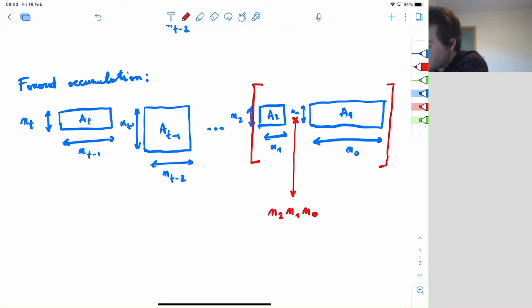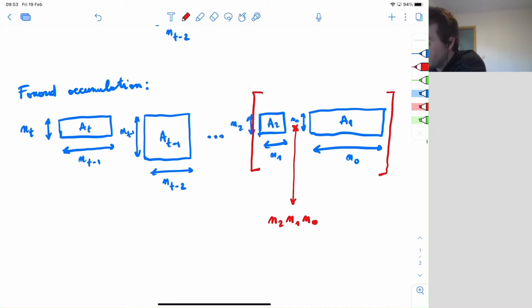And the result of this would be a new matrix of size n2 times n0.